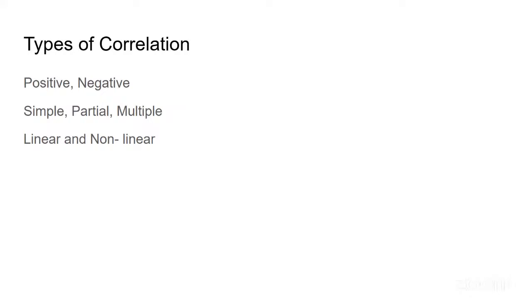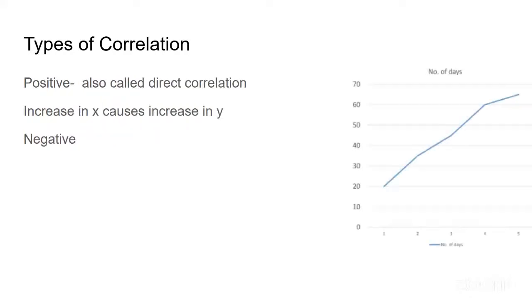There are different formulas for measuring, like the Pearson coefficient, which we can discuss in a statistical lecture or next week, if we decide to keep a class. So let's move on to the positive correlation, which is also called the direct correlation.